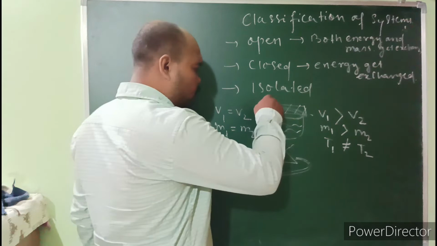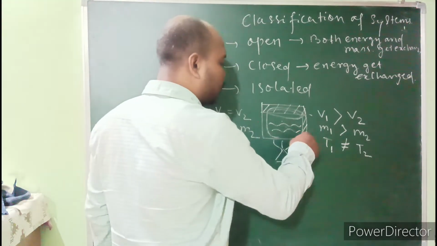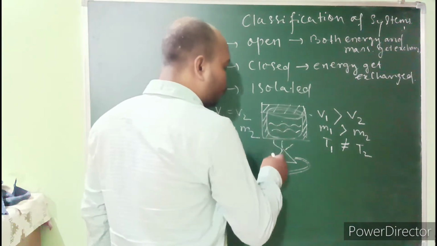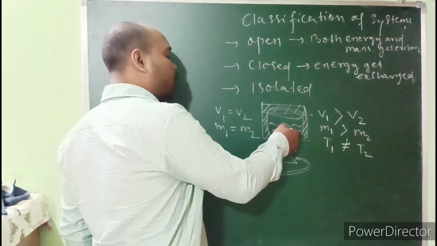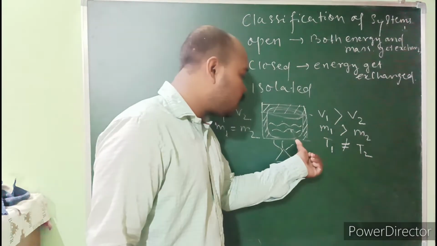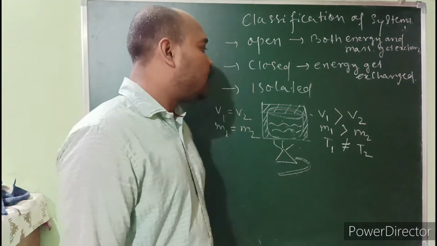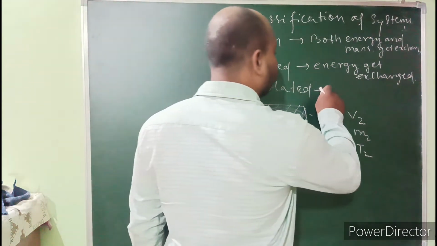Now if I insulate the surrounding, we know that heat cannot be transferred through an insulated system. So with insulation, there is no exchange of heat, and then we call it isolated.